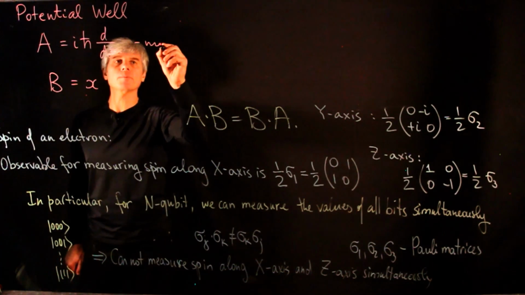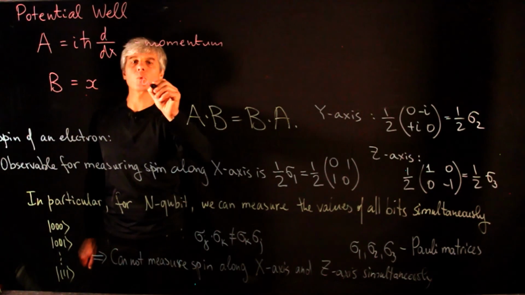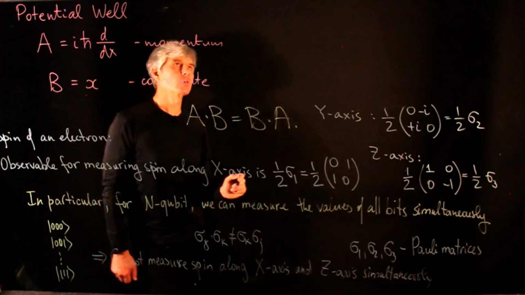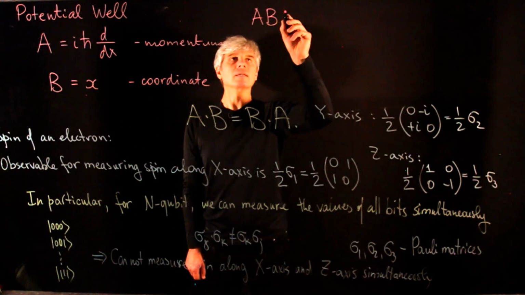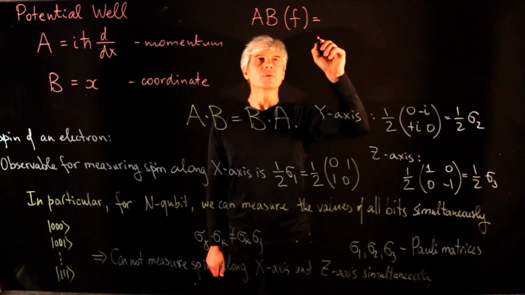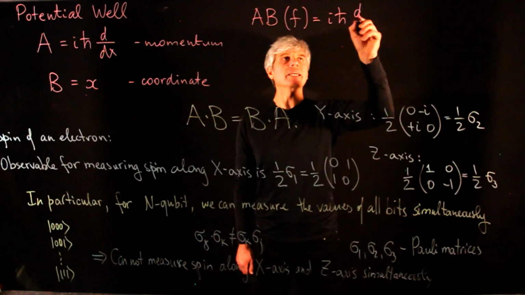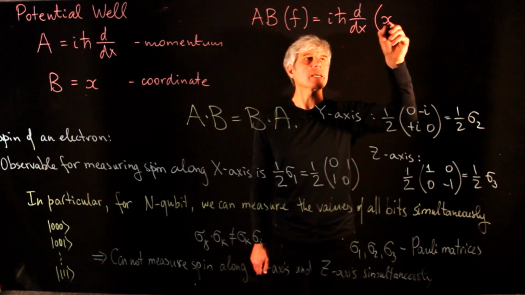So this is momentum, and this is coordinate. So now let's compute what is A times B applied to f. So this is going to be iħ d/dx applied to Bf, and so this is x f of x.